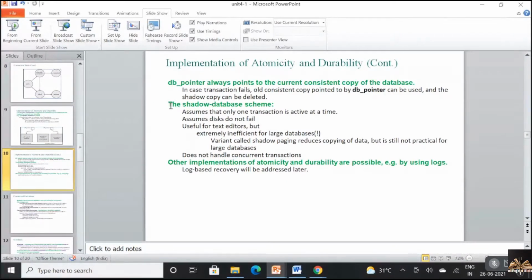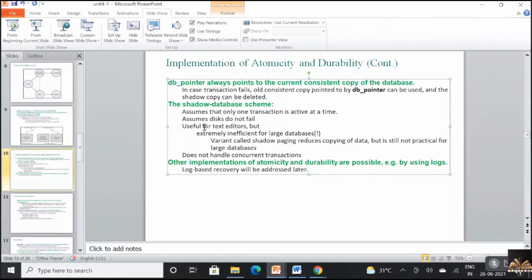Okay. And the shadow-based scheme assumes that only one transaction is active at a time. The major assumption while you're working with the implementation of atomicity and durability is to assume that only one transaction is active, even though there are n number of transactions.